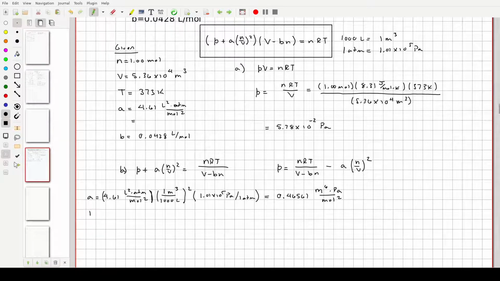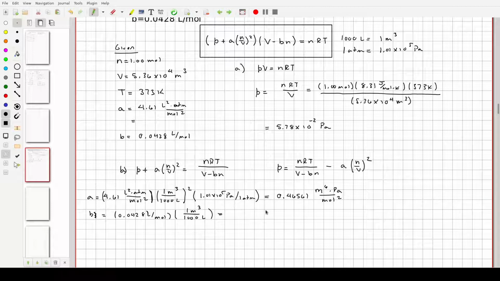All right, so for B, that's pretty easy. That's equal to 0.0428. It's liters per mole. So again, we know that 1 cubic meter is 1,000 liters.